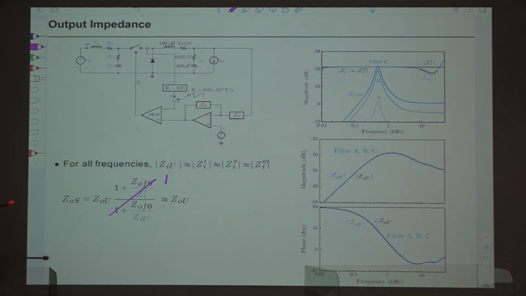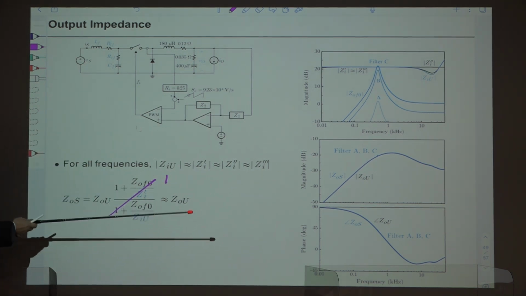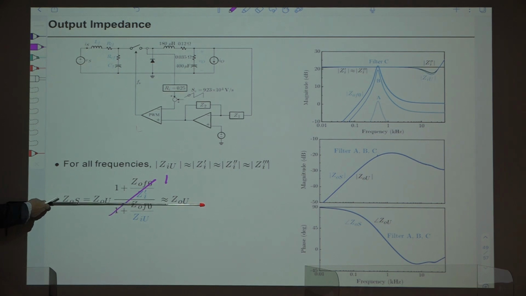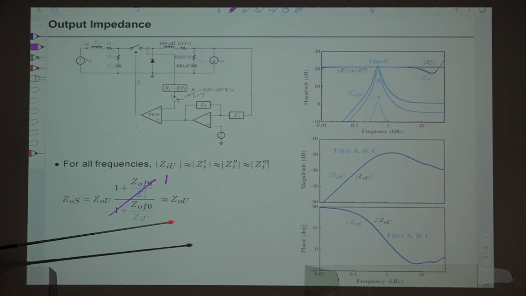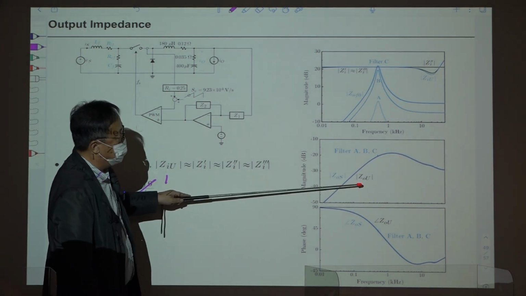So for this case, the internal dynamics are totally unobserved at the output port of the converter. So this output impedance does not carry any information about the internal dynamics. They canceled inside. It's not showing. On the output side, they are totally hidden. This is a simulation of output impedance for different cases.